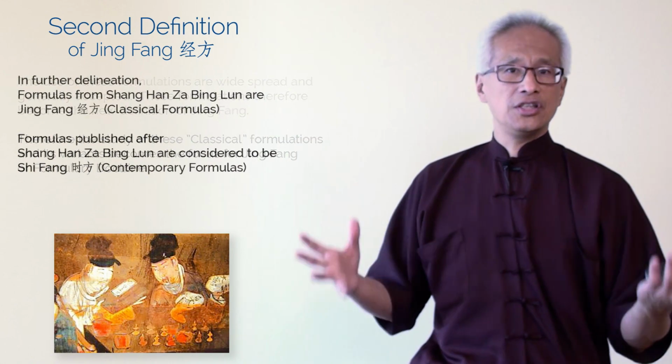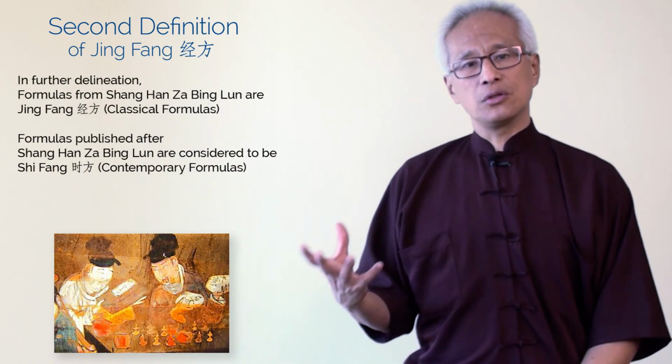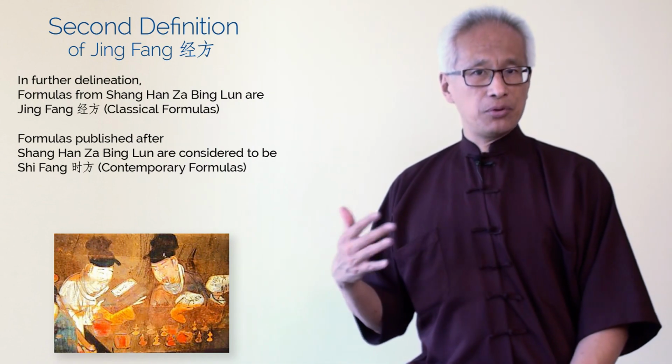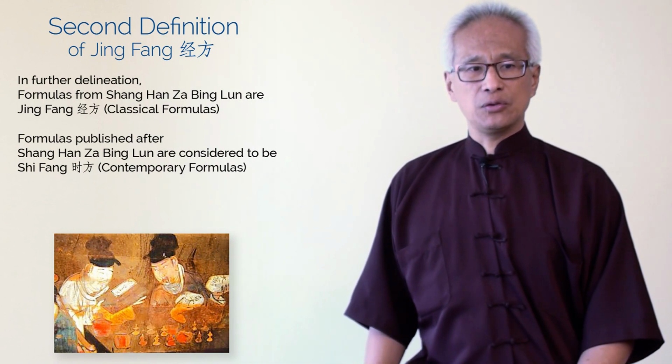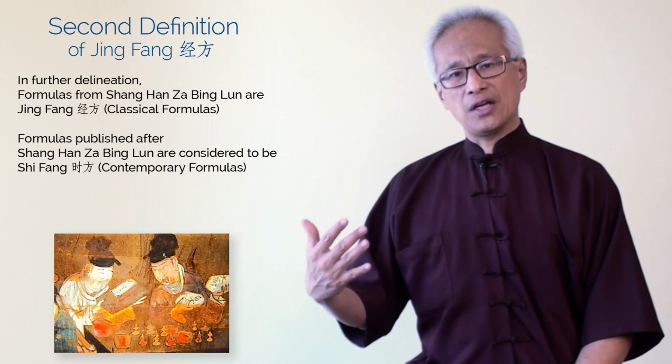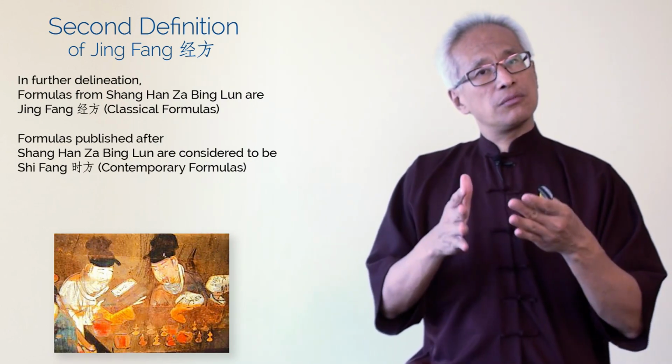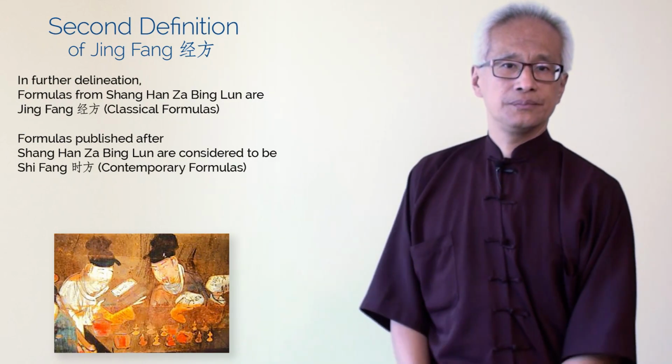Now, there are further delineations. For example, formulas from Shanghan Zabing Lun are Jingfang. Formulas published after Shanghan Zabing Lun are considered to be Shifang, or sometimes we call it contemporary formulas. So contemporary formulas versus classical formulas.